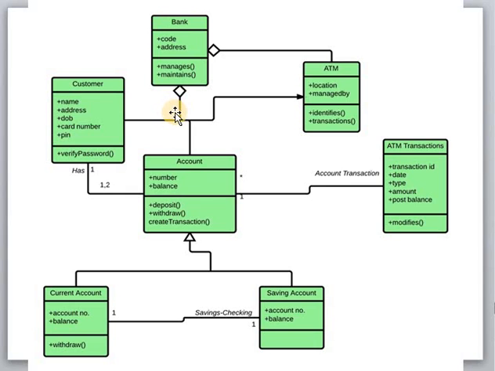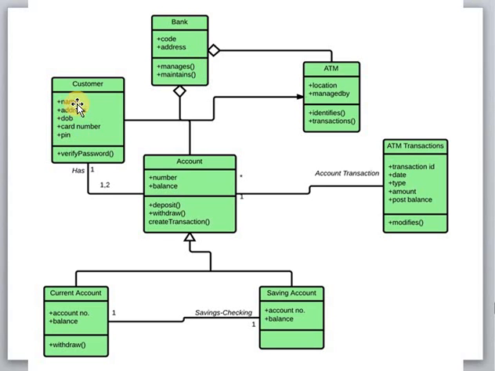The relationship of the customer and the account class with the bank class is again the aggregation relationship in which an account and a customer can live without a bank.